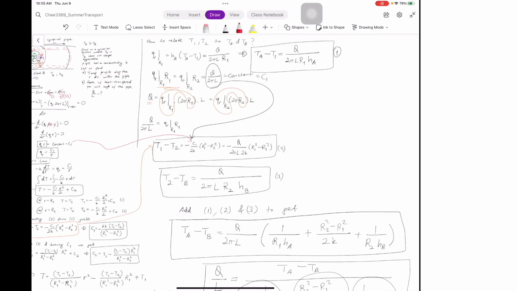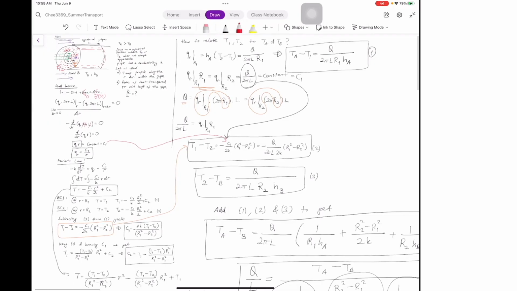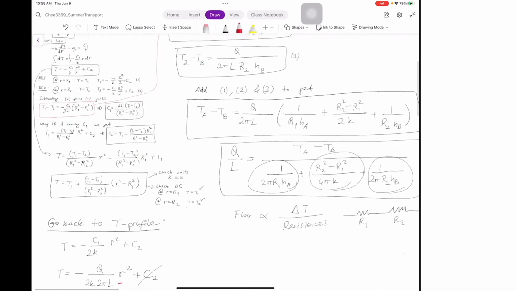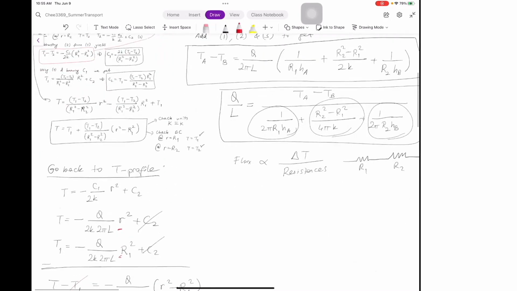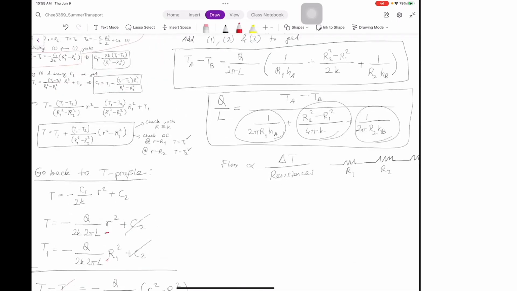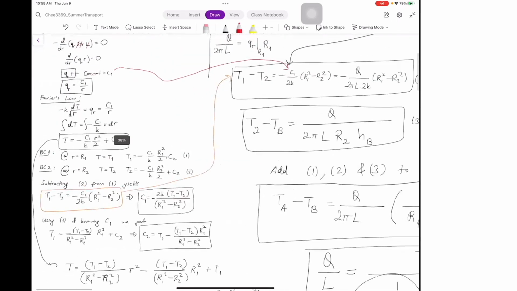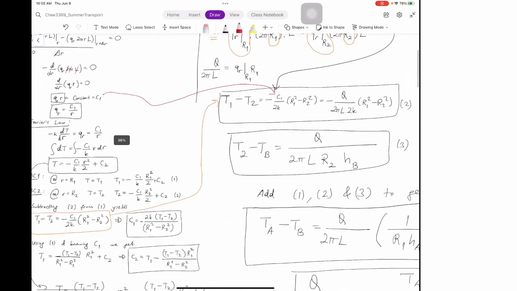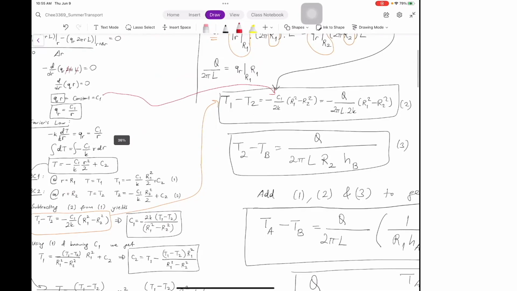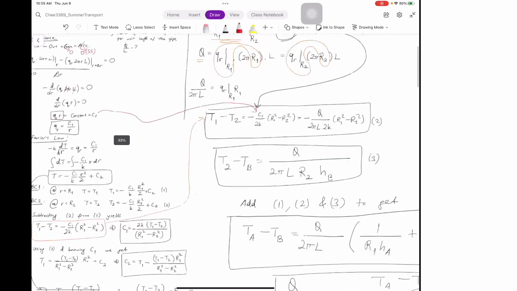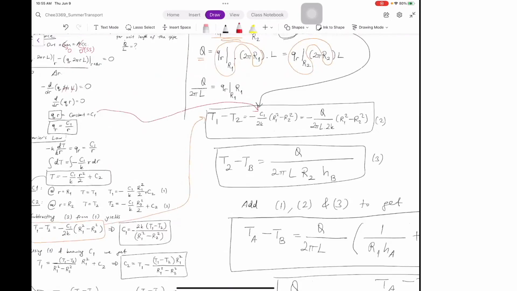Q over 2 pi L. So let's check the units of C1.